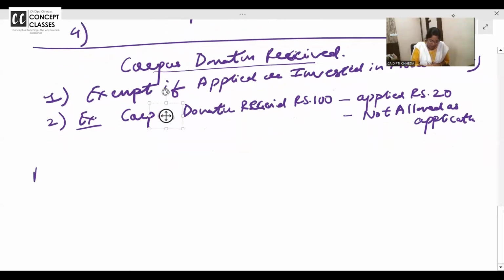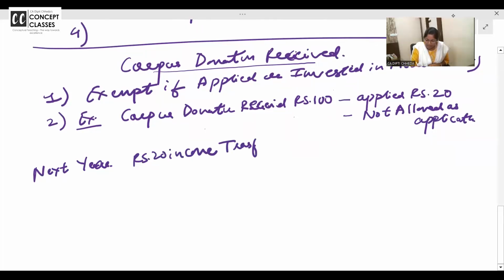Now, I'm writing here next year. Next year, what is happening? Rupees 20 income transferred to corpus donation. Corpus donation, how much have you received, dear students? 100. 80 rupees you invested in a safe mode. 20 rupees you applied.